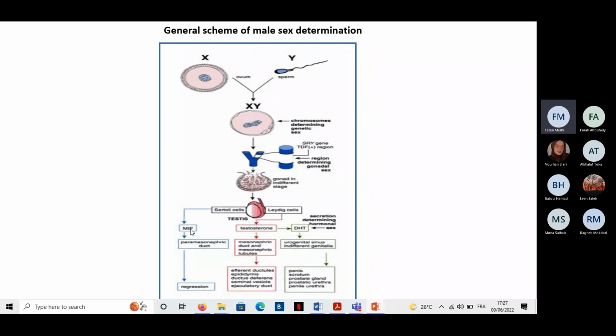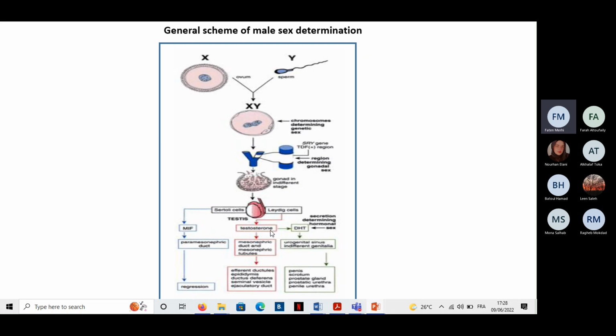Okay, so the presence of the MIF or AMH will lead to the regression of the Müllerian ducts. However, the secretion of testosterone by the Leydig cells is important for the maintenance of the Wolffian ducts and its differentiation into the vas deferens or the efferent ducts, the epididymis, the seminal vesicle, and the ejaculatory duct.